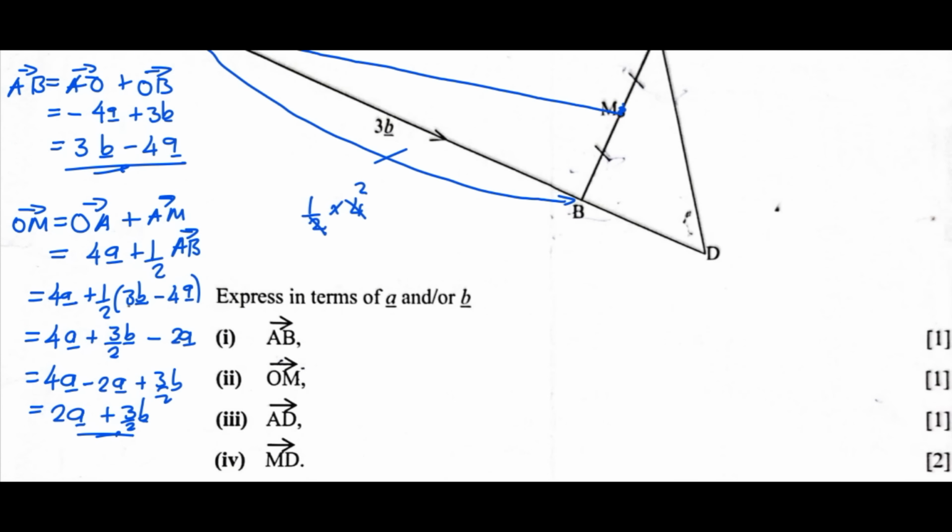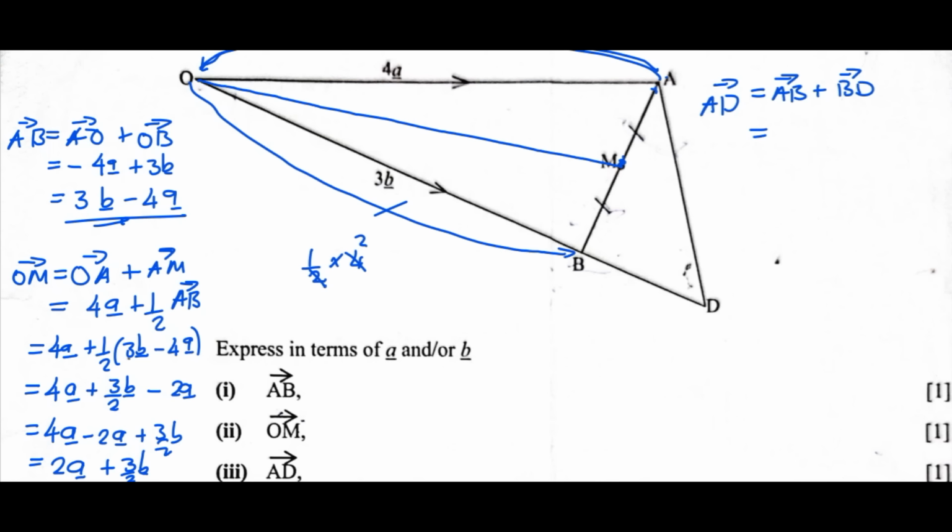Then AD, we want to find AD. So there are so many ways. So for us to move from A to D, since we have vector AB, we'll say AB plus BD. So AD is equal to vector AB plus BD.